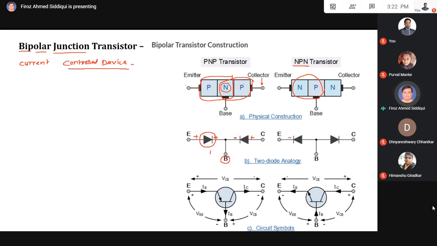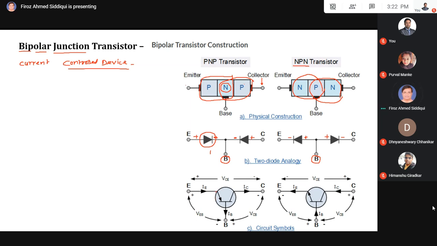So this is the negative side and this is the positive side of the diode. And if you consider this junction, PN junction, this is the positive terminal and this is the negative terminal of the diode. So these two positive terminals are connected together and it is connected with the base. So base is connected to the P-type material of the transistor. So this is called the two diode analogy, and these are the symbols.